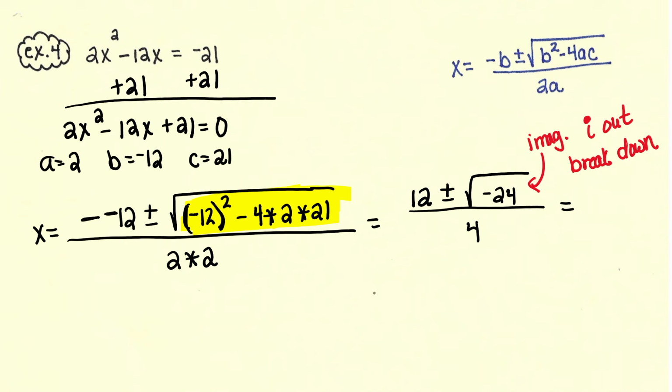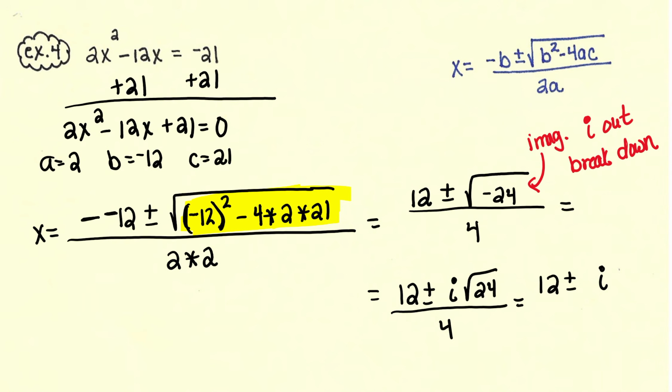So I have 12 plus or minus, and I'm going to pull out the i first over 4. Now, you might could do this step together, but I'm going to break it into parts in case people need to see that. So 12 plus or minus. Now, let's take a look at that 24.